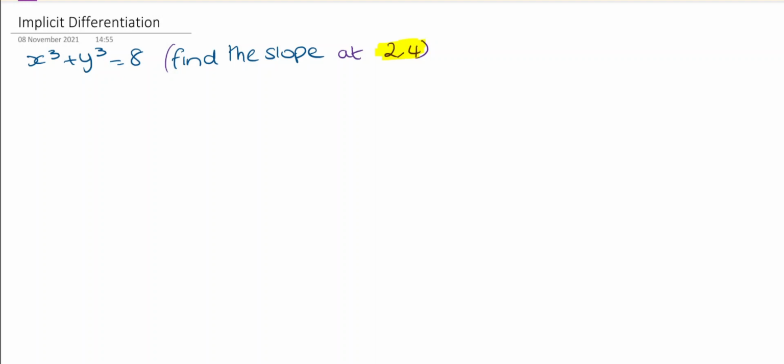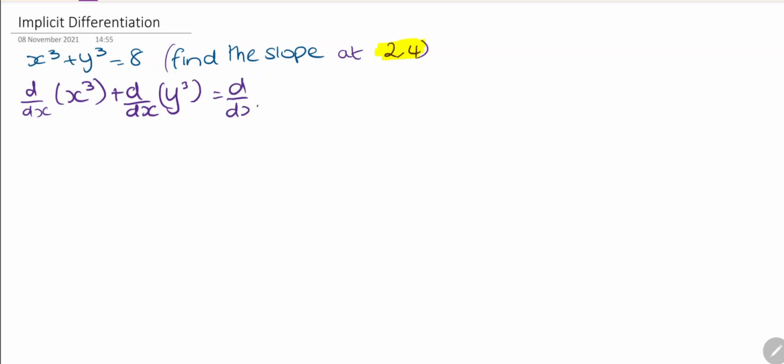So here, first of all, we're going to write down d by dx. So we want to take the derivative of x cubed. We then want to take the derivative of y cubed. And then this is going to be equal to the derivative of 8.